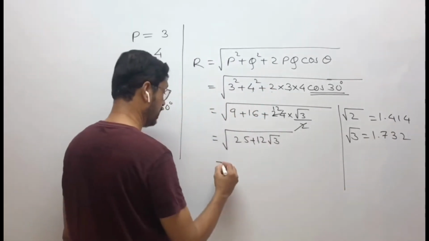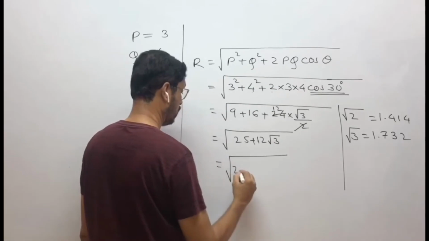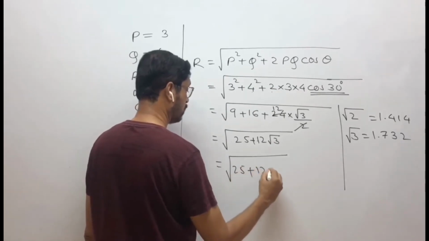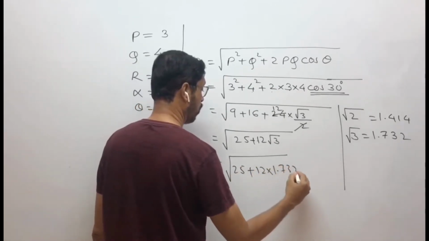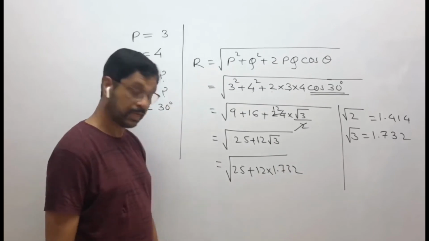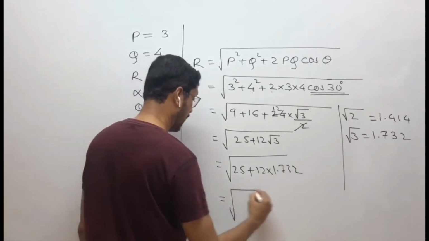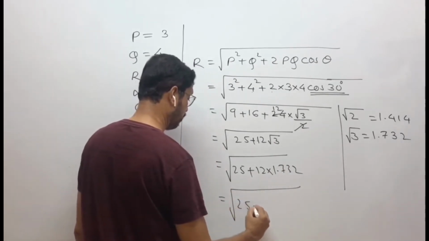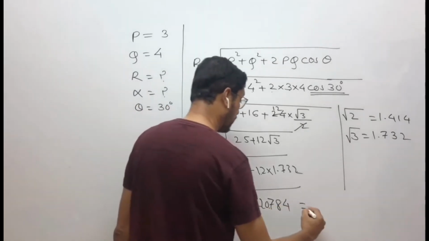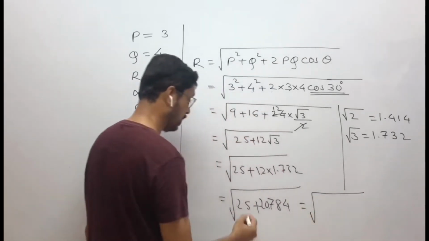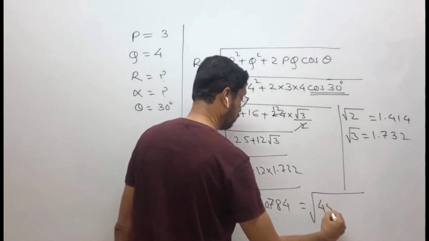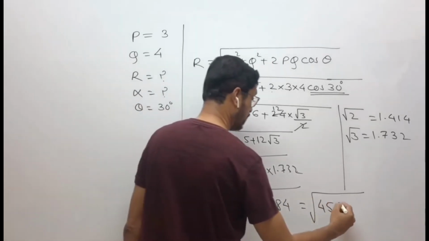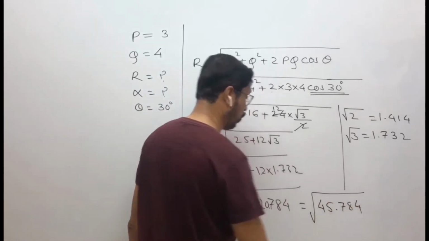So this will be under root 25 plus 12 into 1.732, that is equal to under root 25 plus 20.784, that will be 45.784.